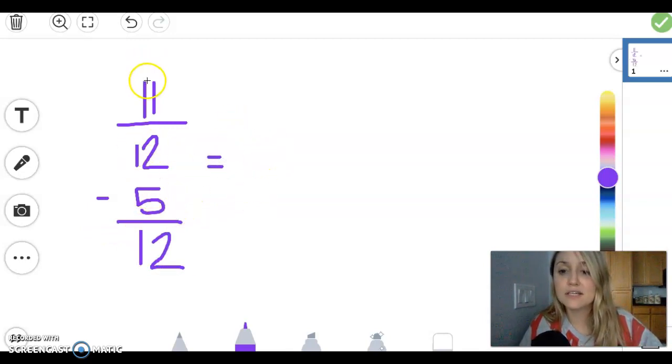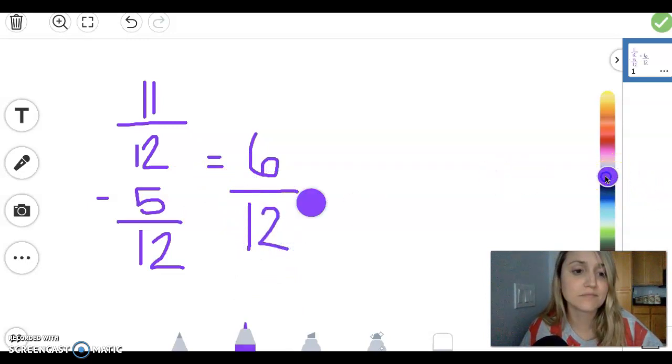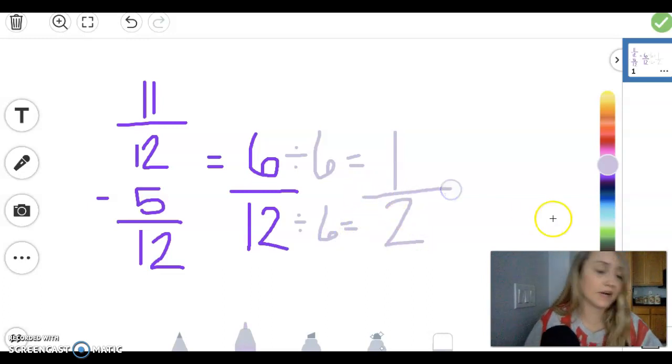So 11 minus 5 is 6. Then denominator stays the same. Remember to simplify if you can. So your answer would be 1/2.